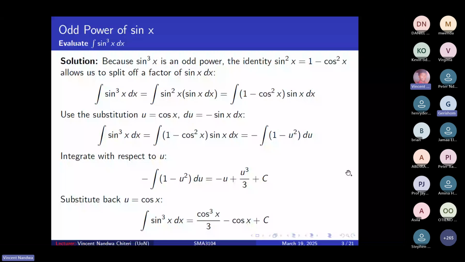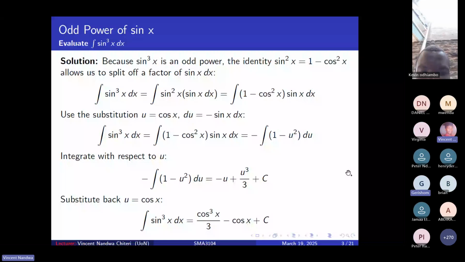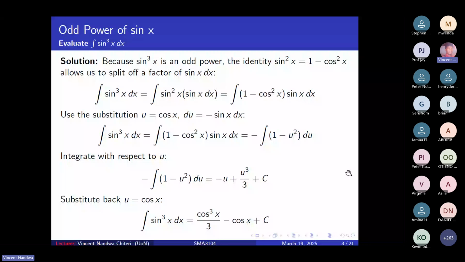Good. So now, before we give the second example, that's why I'm saying that we discuss different cases of integrating integrals of the form sine power m x times cosine power n x dx. There are only three cases.